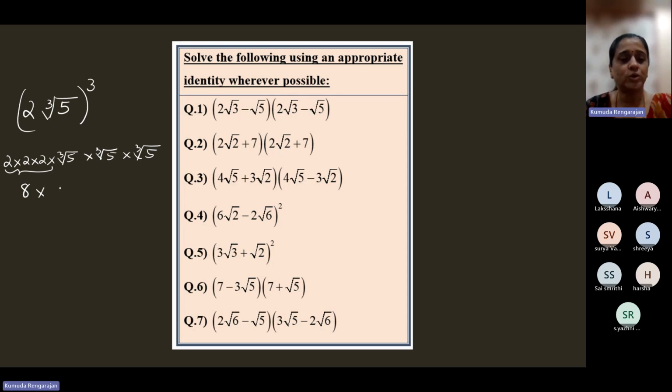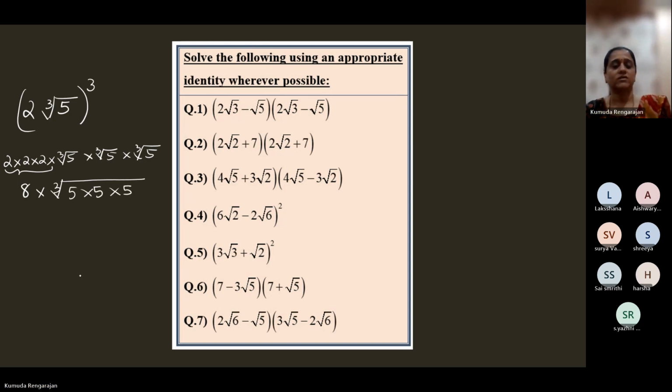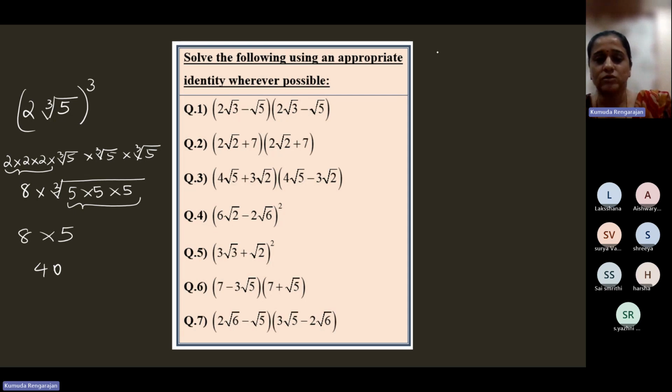Here, cube root of 5 into cube root of 5 into cube root of 5. They have the same radical. So cube root of 5 into 5 into 5. Now, when the numbers are under the cube root, from 3 equal factors, we bring 1 out of the cube root. So 3 5s, 1 5 out. So 8 into 1 5 out, so 40. Yeah, you can just make a note of this.